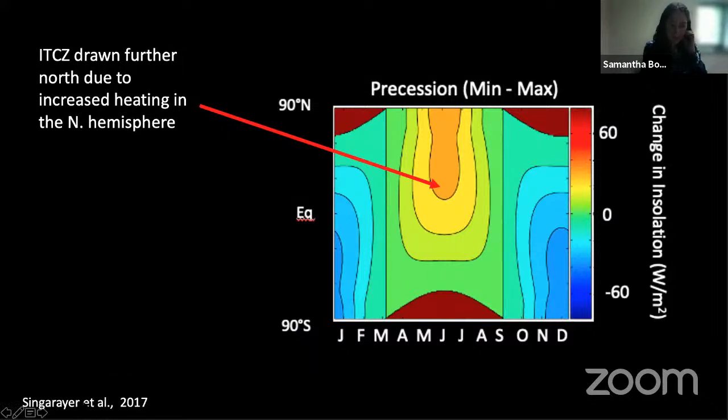An interpretation was provided in a paper by Singarai et al. in 2017. Essentially, what they demonstrated in their modeling results that we can walk through here. So this is precession insolation change between precession minima and maximum across the year and across all latitudes.